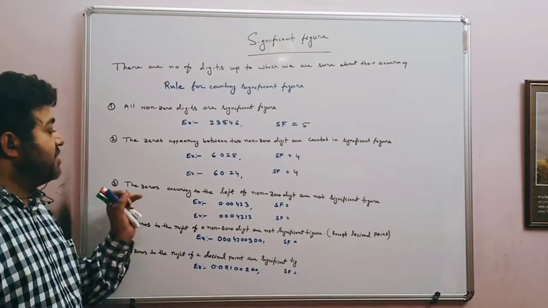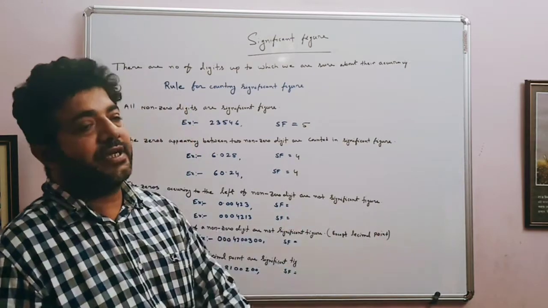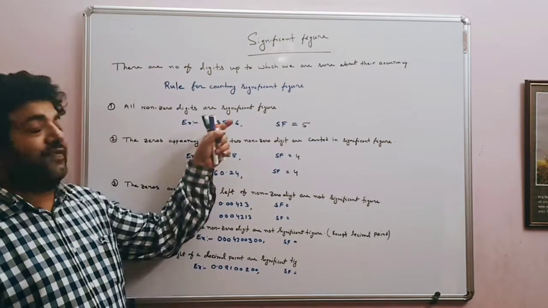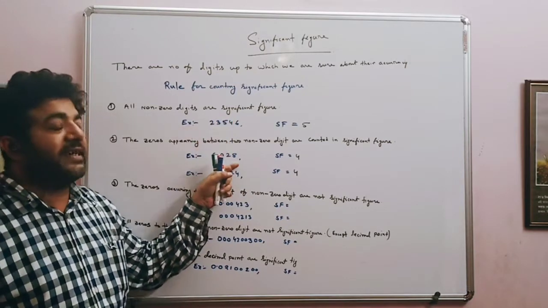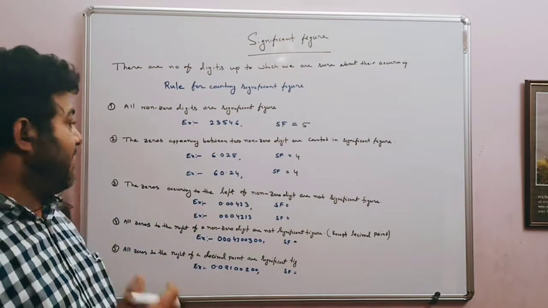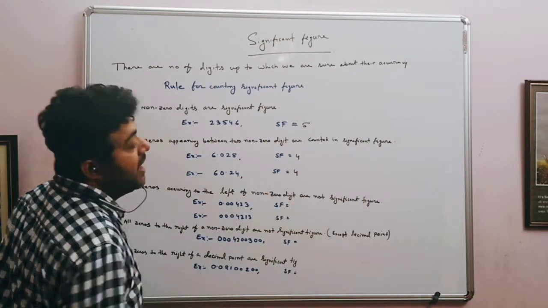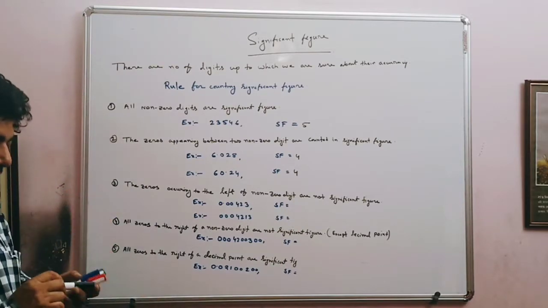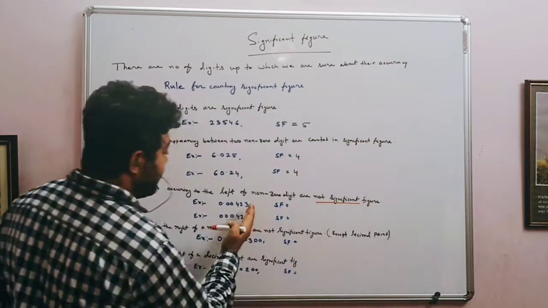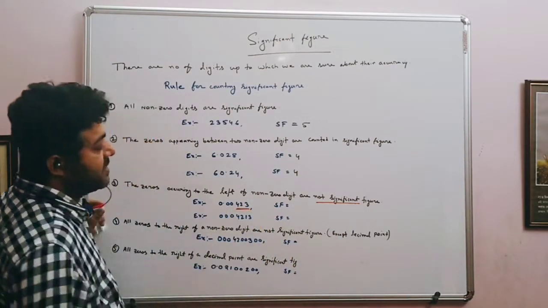The third rule is that zeros occurring to the left of non-zero digits are not significant figures. Now see, the first one had no zero, the second had a zero in between. Now the third one, if the zeros are on the left, what happens? The zeros occurring to the left of non-zero digits are not significant figures. So only this part is the significant figure.